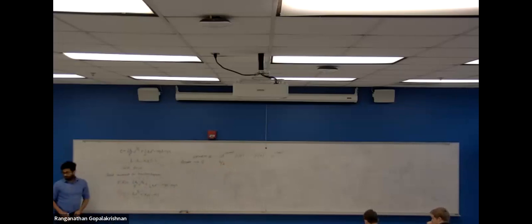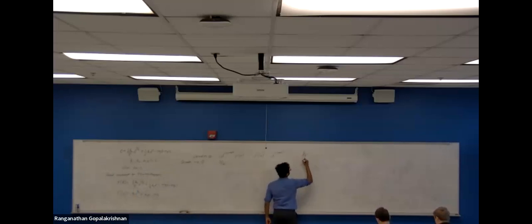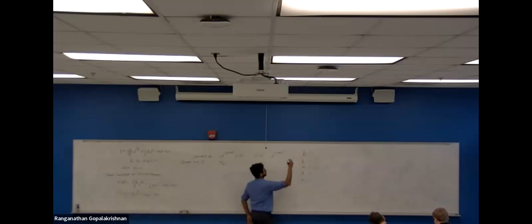Now they've also given real values for these: K1, K2, M, G, H. So this is where having units is very important. K1 is 40,000 grams per second squared.